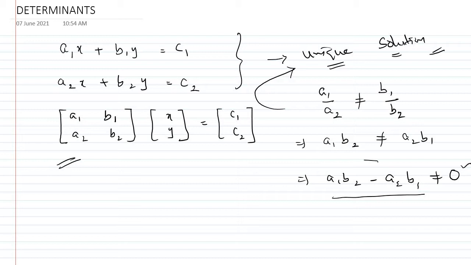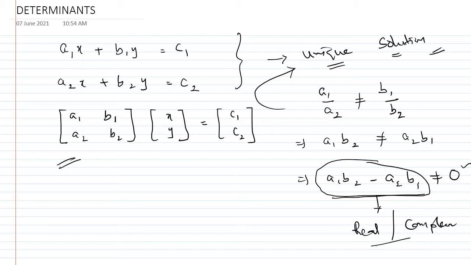The left side part, a1 b2 minus a2 b1, may be a real or complex number. This real or complex number a1 b2 minus a2 b1 is called the determinant of the matrix a1 b1 a2 b2.